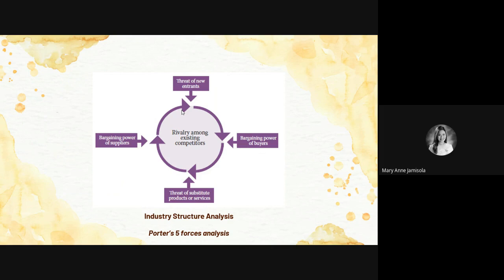The second force is the bargaining power of suppliers. The bargaining power of a supplier is relatively higher when the input is very important to the buying firm or when there are very few suppliers of that particular input. The suppliers could also dictate the terms if the input supplied is not replaceable or when an alternative input is not available.